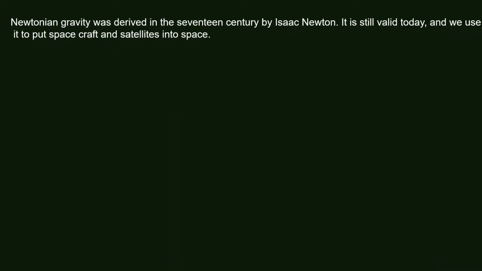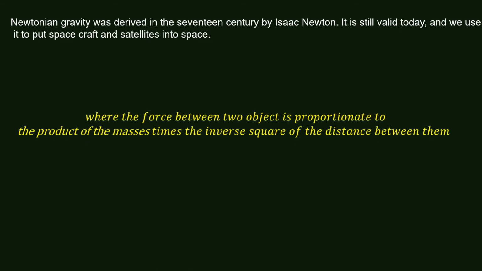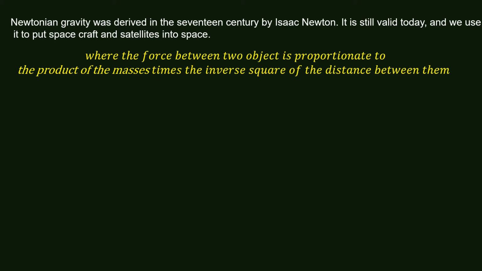Okay, so Newtonian gravity was derived in the 17th century by Isaac Newton, and it is still valid today. We use it to put spacecraft and satellites into space, and it works very well. So this is where we can define his equation a little bit more elegantly by saying that the force between two objects is proportional to the product of the two masses times the inverse square of the distance between them.